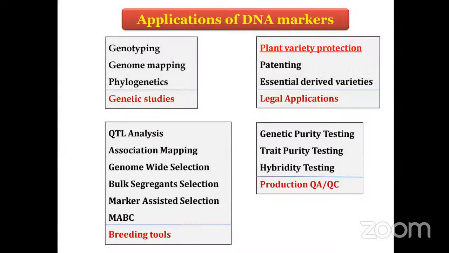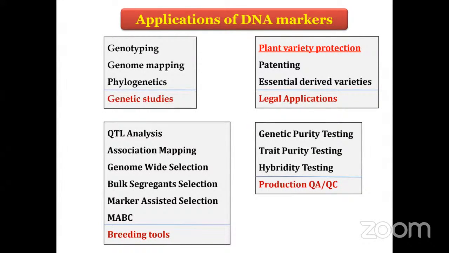So these are the various applications of DNA markers. One can do genotyping, plant variety protection by using DNA fingerprinting, patenting, legal applications, and breeding tools. One can do marker-assisted selection, marker-assisted backcrossing, test hybrid purity, genetic purity of a variety or cultivar, and trait purity or character purity by using these molecular markers.